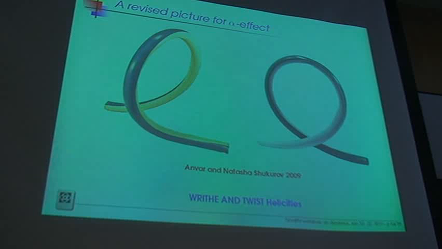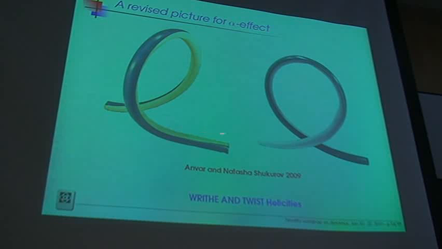So this picture, or revised picture for the alpha effect, is produced by Anwar and Natasha. And here again you can see that when you have a writhe, you automatically introduce a twist. As Anwar explained, he has colored the hose pipe so that this black is at the bottom here, and this is at the top here, and now it has reversed here.